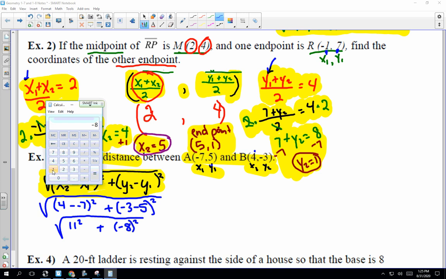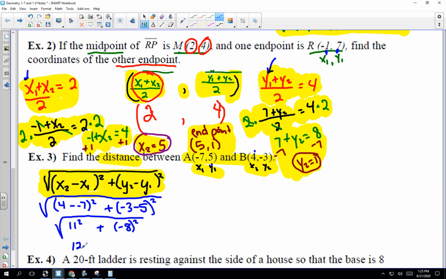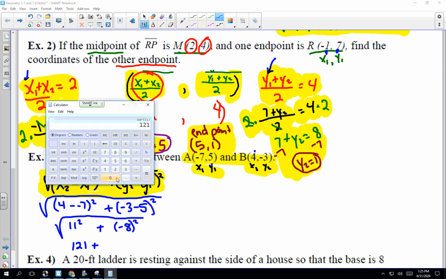So 11 squared is the same as 11 times 11, or if you change it to scientific view, there is a squared button here. So you can go 11 squared, so 121. -8 squared, if you're going to put this in the calculator, it does need parentheses.